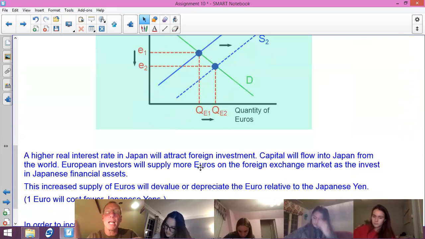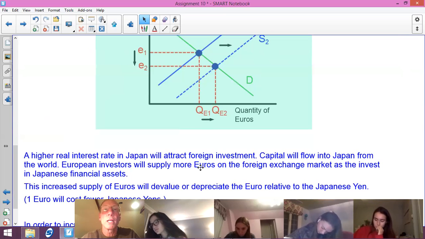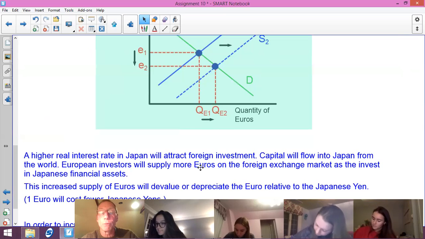And in this case, we're talking about something like government bonds, right? If the government of Japan has a deficit, it will go out to the world and sell bonds in order to finance its deficit at some rate of interest. So if the interest rate's higher, it's going to make their bonds more attractive to the world, which means capital will flow into Japan from the world.